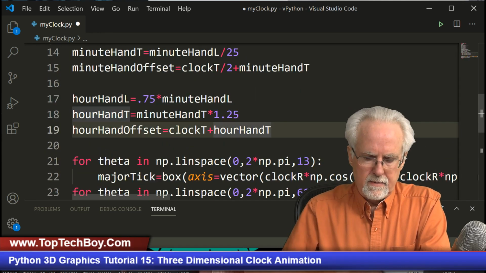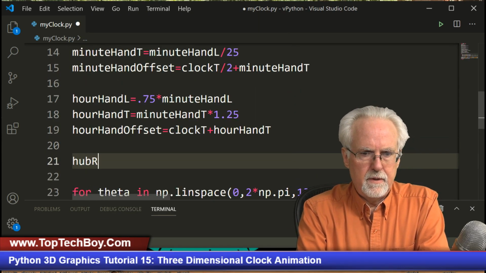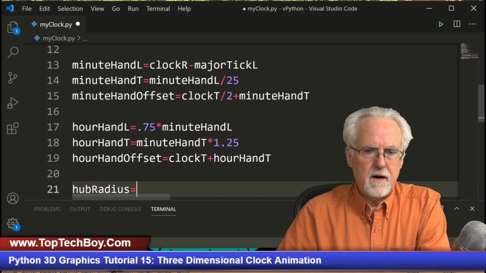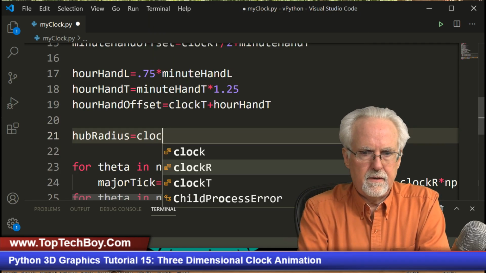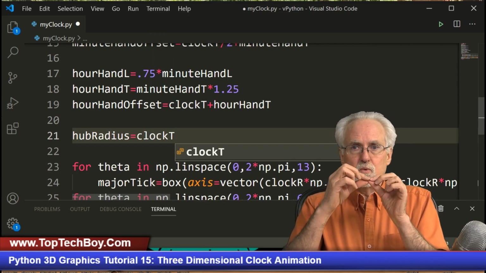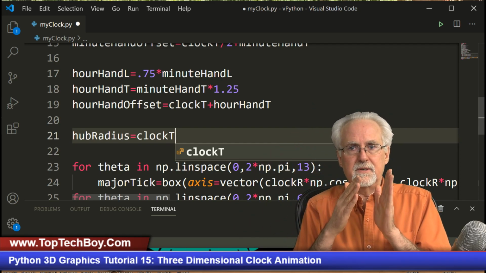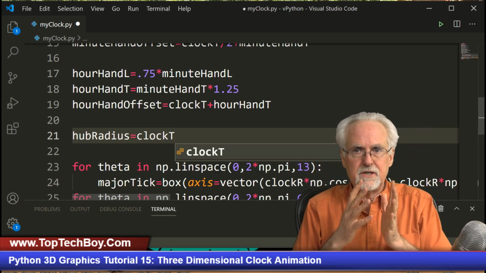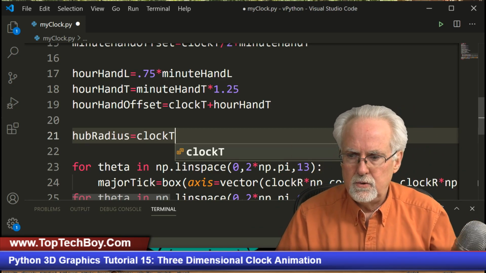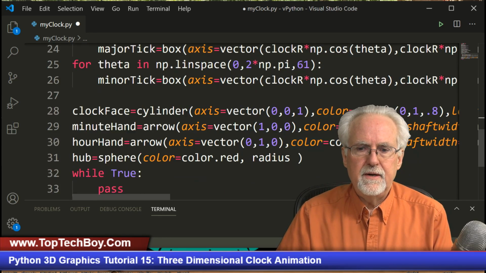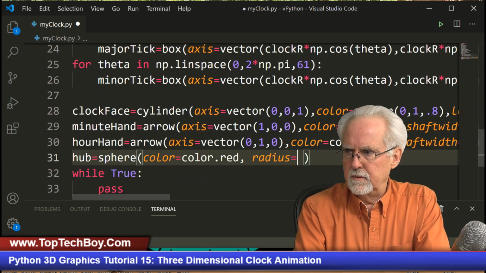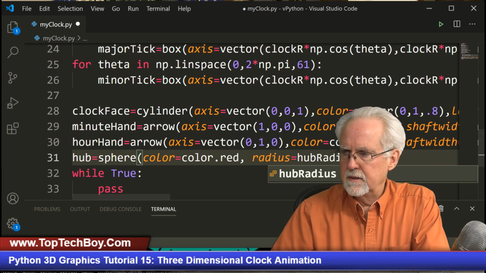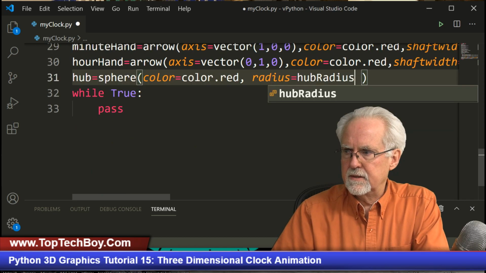Let's make a new parameter. The hub radius is equal to the thickness of the clock. So let's just say clock thickness, right? Because the thickness is just the thickness, but the diameter is twice the radius. So that should give us something that comes out to connect to. So then radius is equal to hub radius, like that.